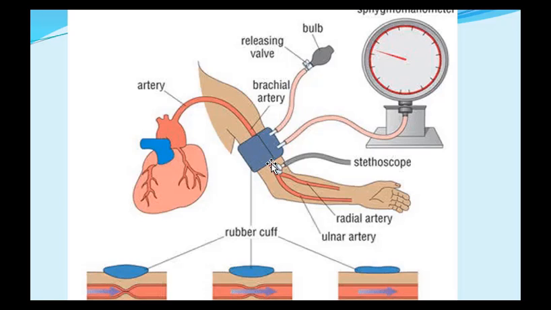Okay, so when you measure blood pressure, you exert pressure until you reach the maximum output pressure of the heart. When that is reached, you could no longer hear any sound. That is the time when the artery collapses and the flow is cut. So that reading that you can see here in the sphygmomanometer is the systolic pressure, because that is the maximum output pressure of the heart.